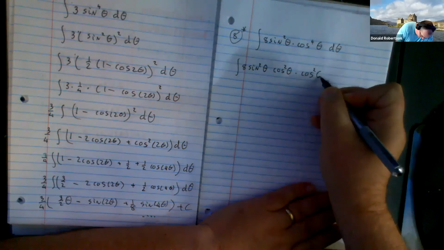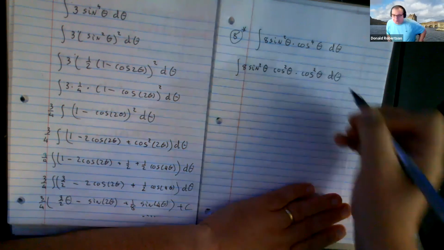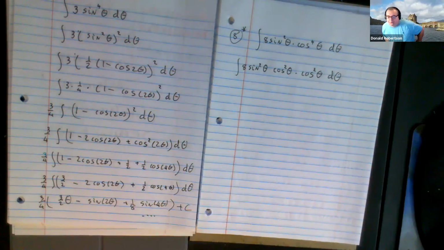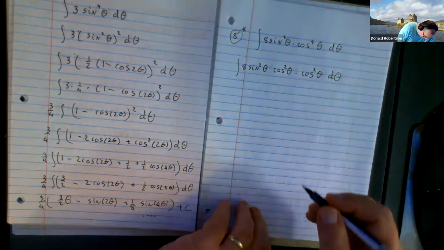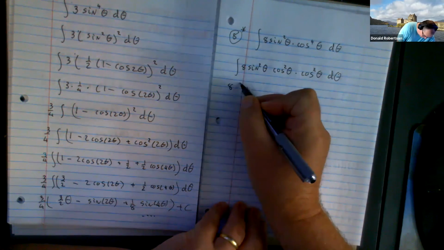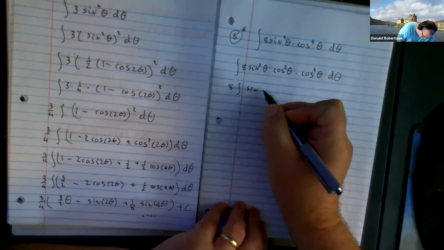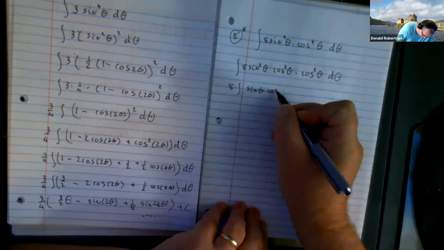Not quite what you said, but the idea was there. Now you might say, well, what good is that going to be? Well, let's pull that 8 out. That's not that important.